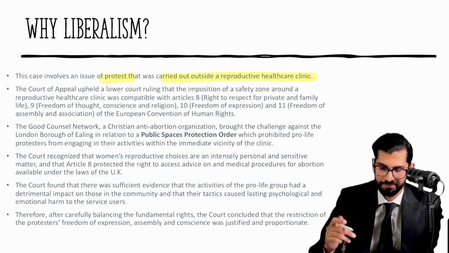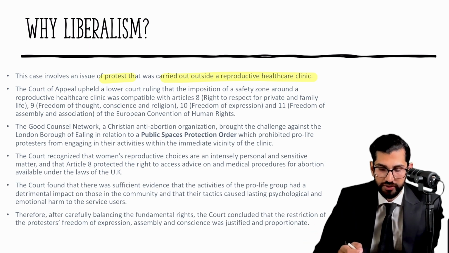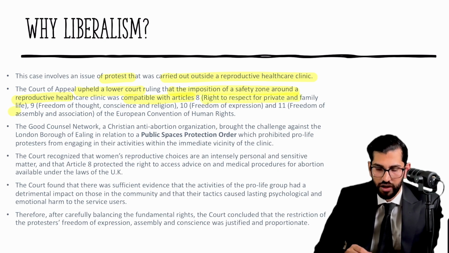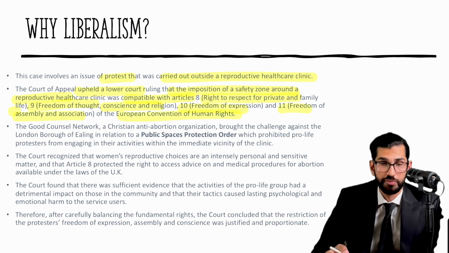So coming to the slide, the Court of Appeal upheld the lower court's ruling that the imposition of the safety zone around the reproductive healthcare clinic was compatible with Article 8, the right to respect for private and family life, Article 9, freedom of thought, conscience and religion, Article 10, freedom of expression, and Article 11, the right of assembly and association of the European Convention on Human Rights.